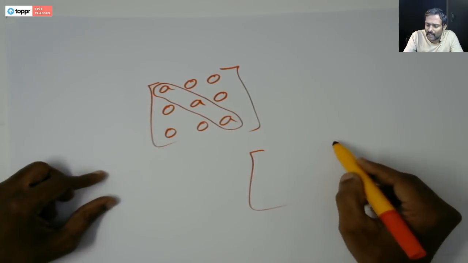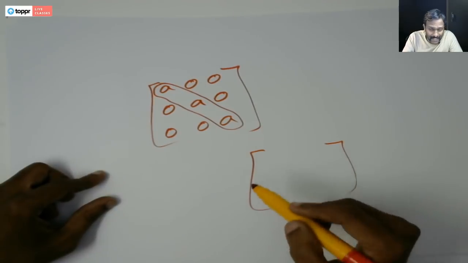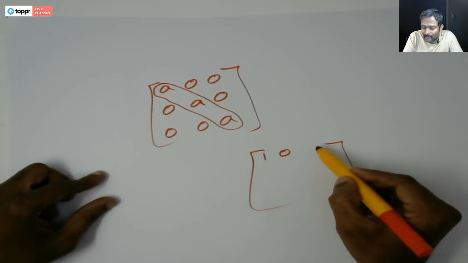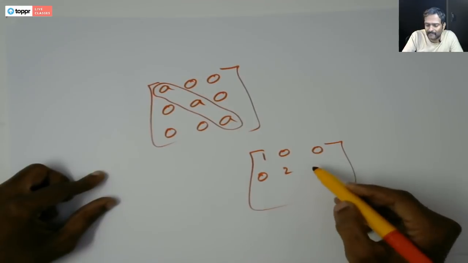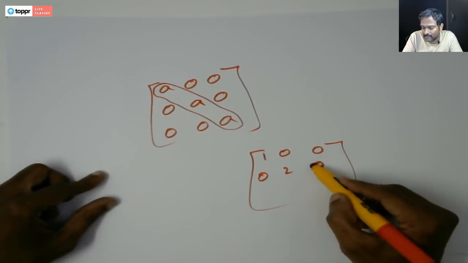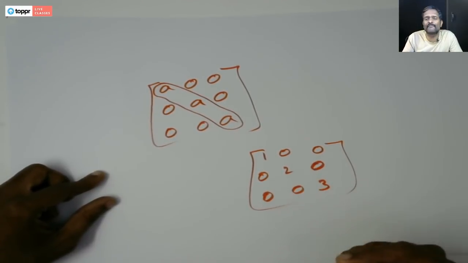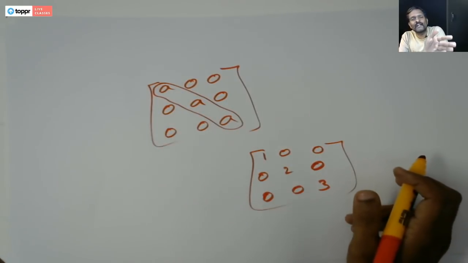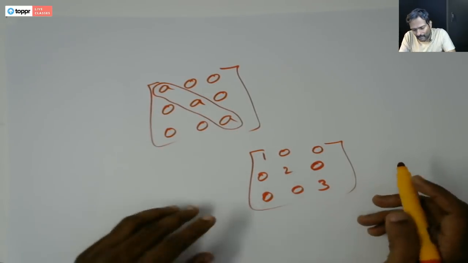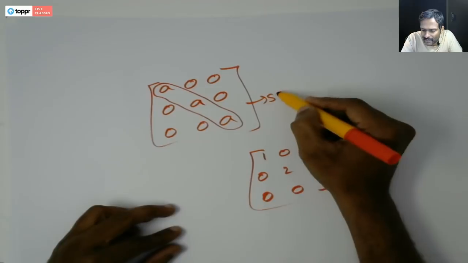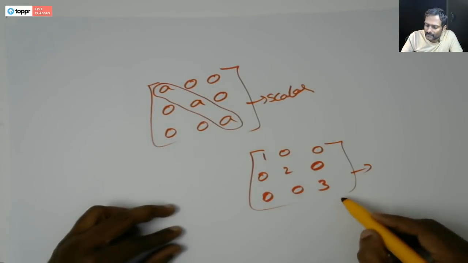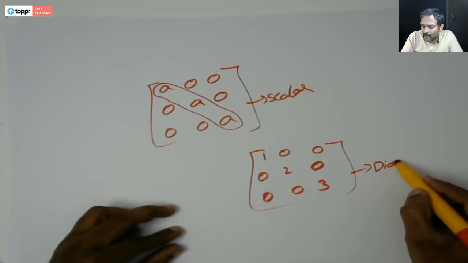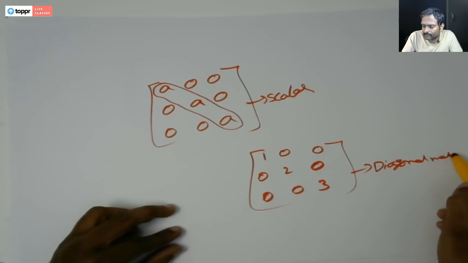So what if the diagonal elements are non-zero and remaining all elements are 0, but the diagonal elements are not equal, say 0, 0, 0, and here I have 3, then this is called simply a diagonal matrix. It is not a scalar matrix. This is not scalar, this is scalar. This is just a diagonal matrix.